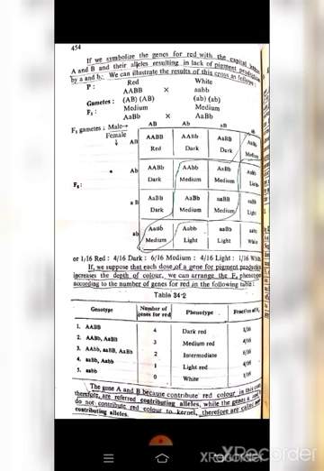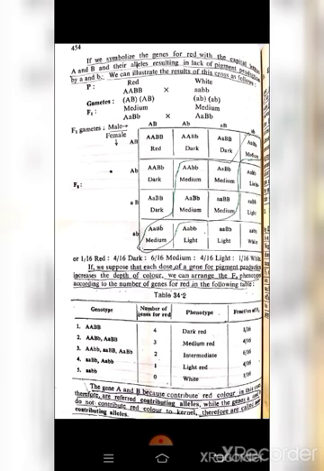In the first box, capital A A and capital B B are both in the homozygous condition, so the plant will be red. In the second one, A is in homozygous condition while B is in heterozygous condition, so the dark color is produced. In the third one, A is heterozygous and B is homozygous, so it will also be dark.